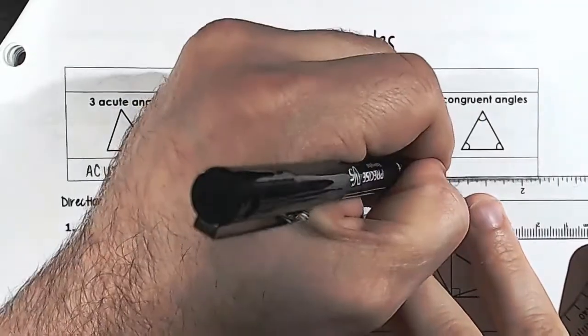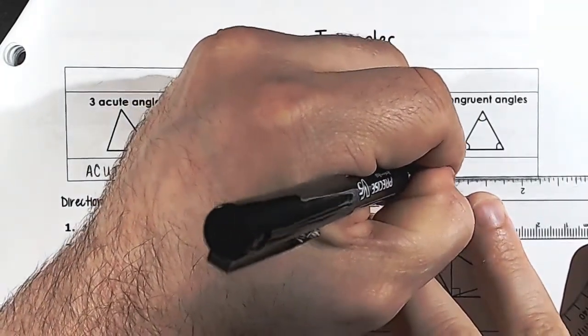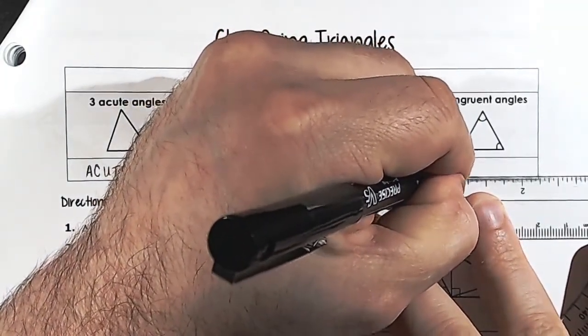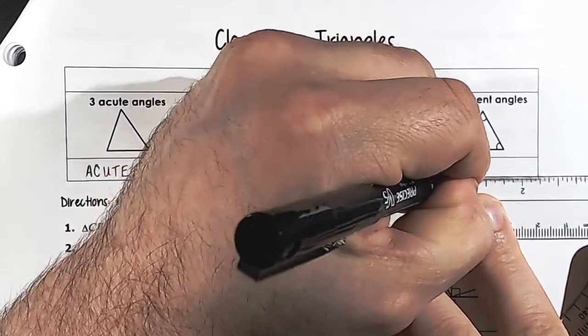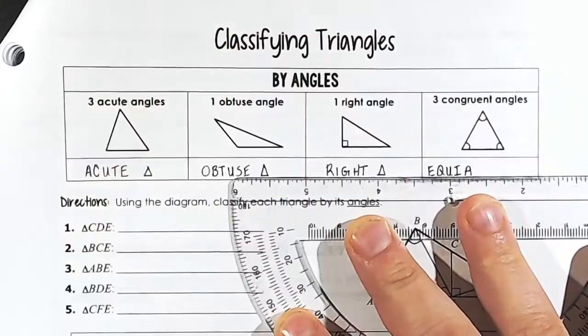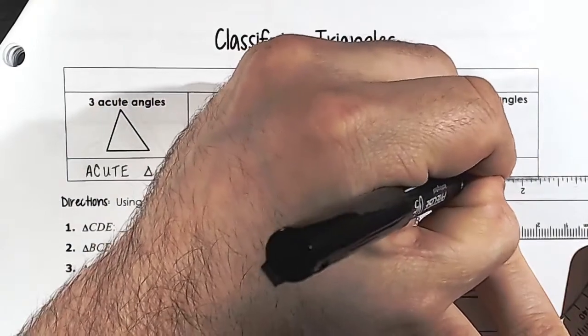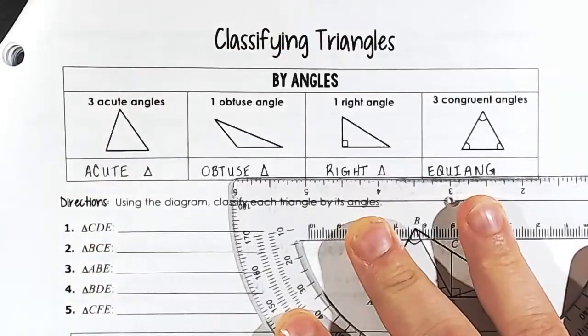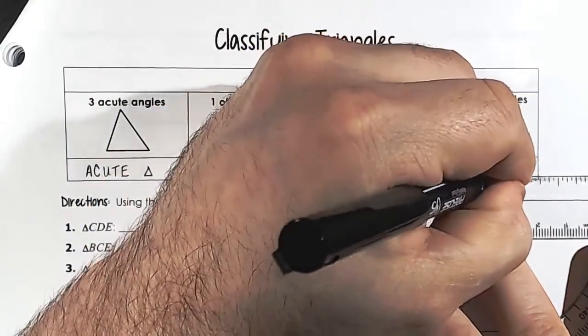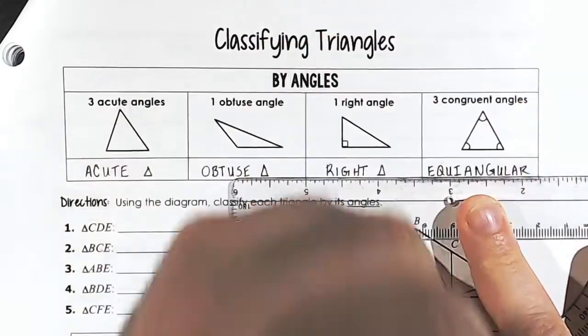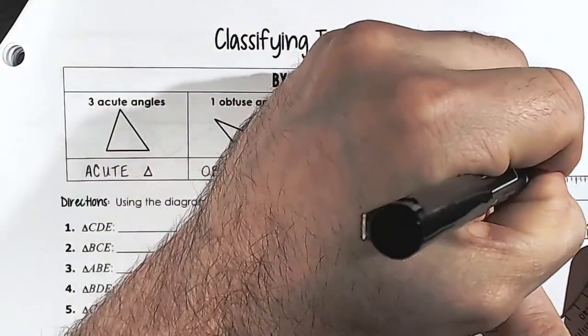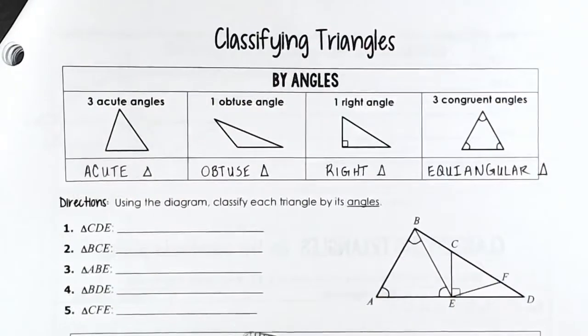And here's how you spell that: E Q U I A N G U L A R. So an equiangular triangle.